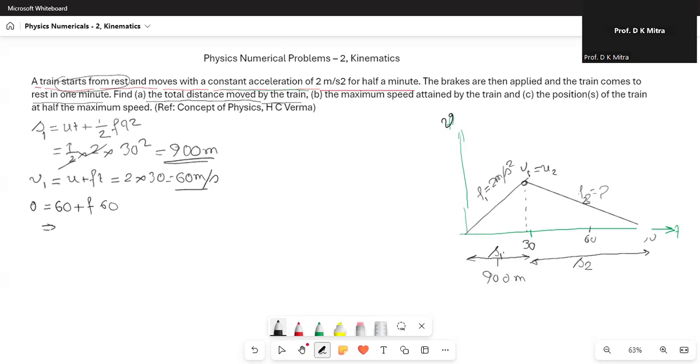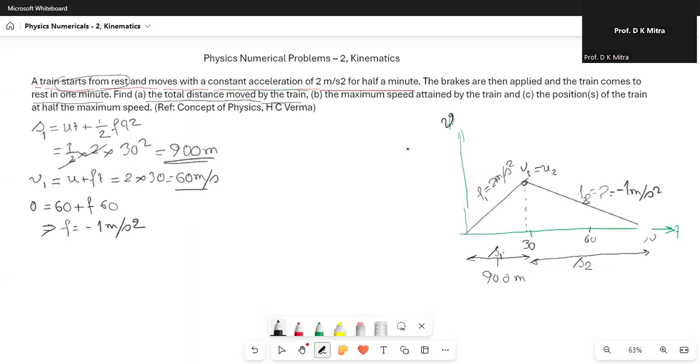From here, we find that f is equal to minus 1 meter per second square. So this F2 is equal to minus 1 meter per second square.